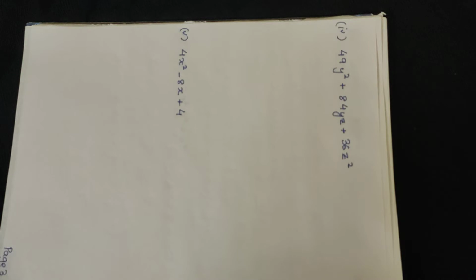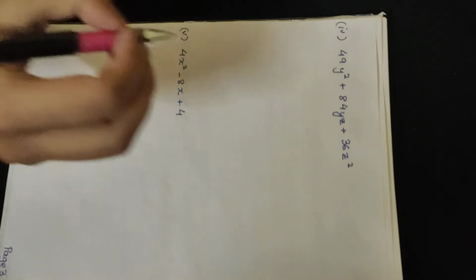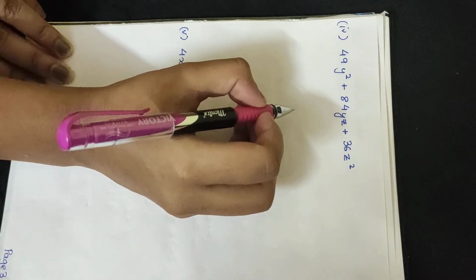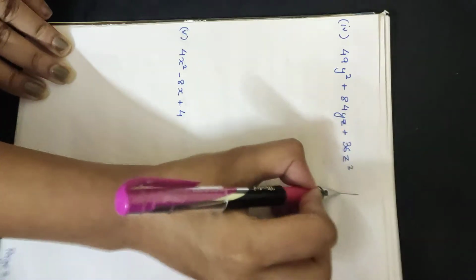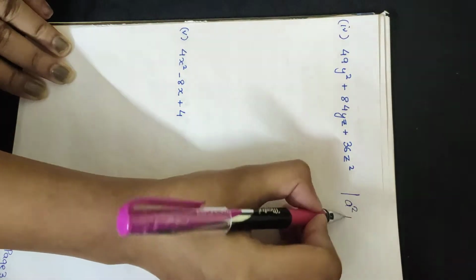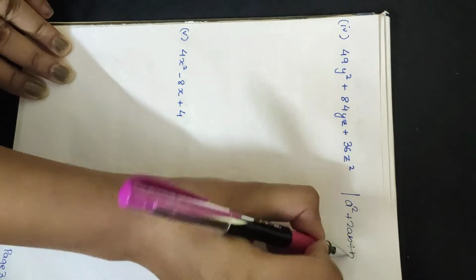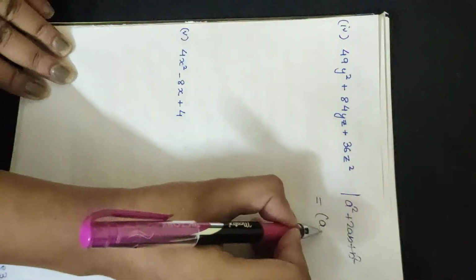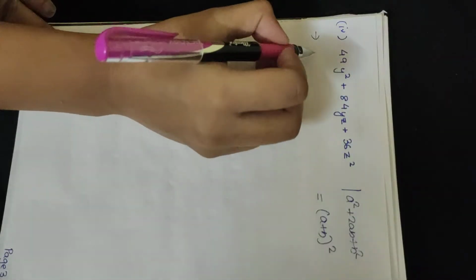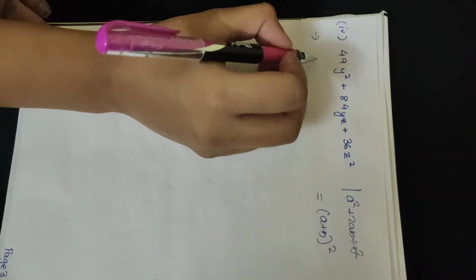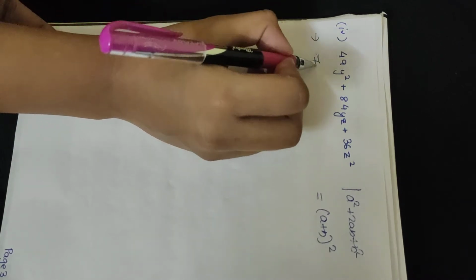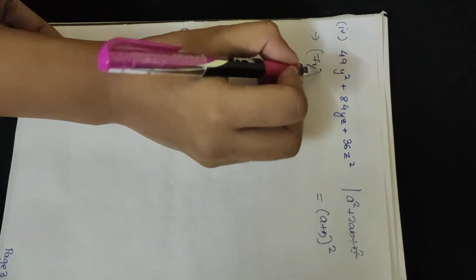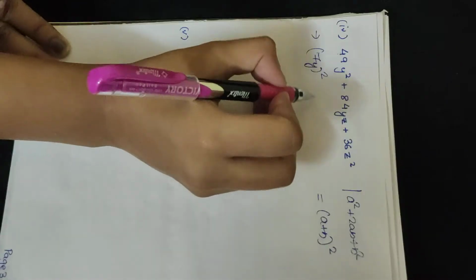Next we come to sum number 4. Here we are using the second identity, which is a square plus 2ab plus b square is equal to a plus b whole square. We are going to use this one. So 49 is the square of 7, and y is the square of y square, so this is our a square.